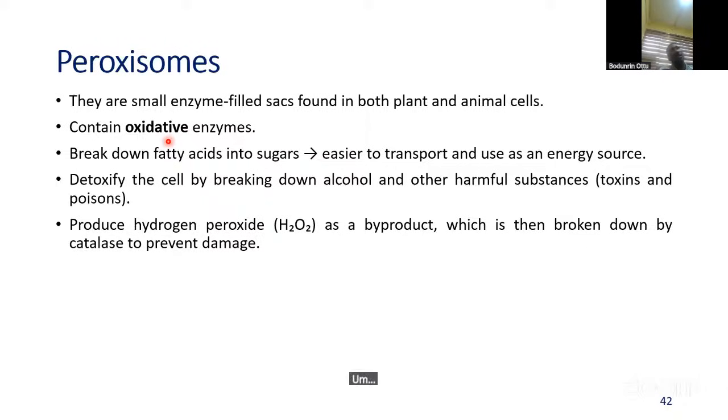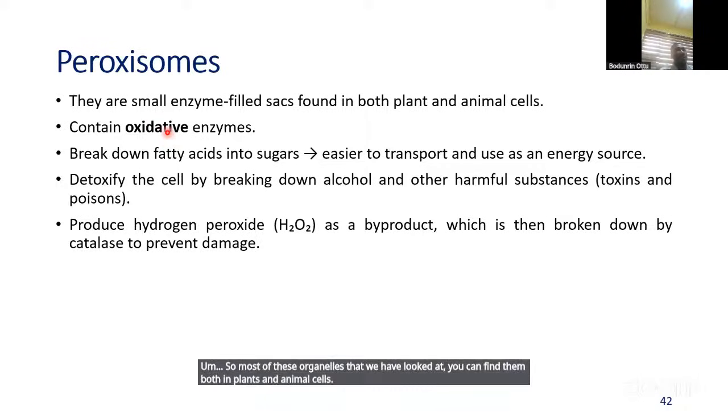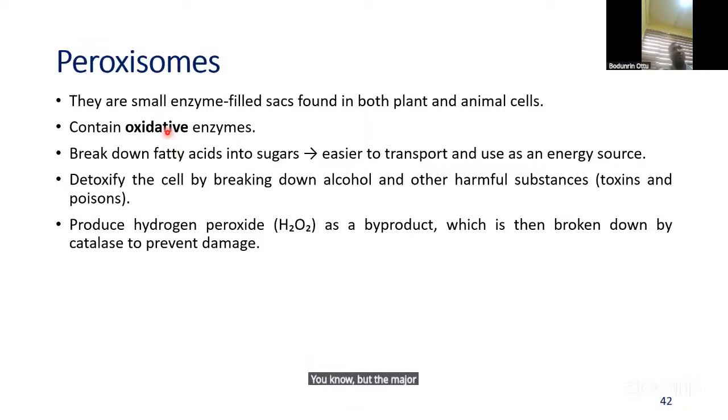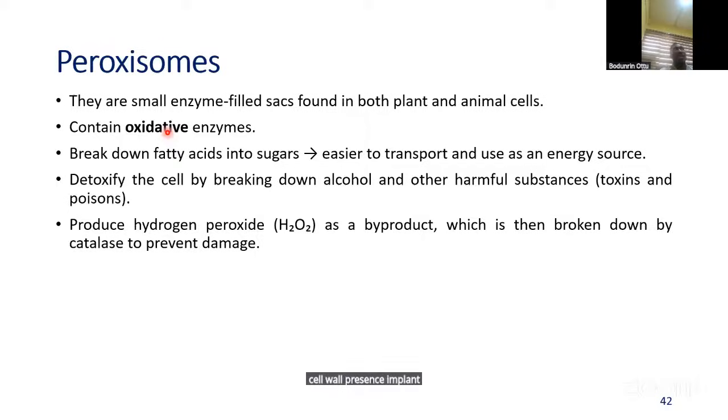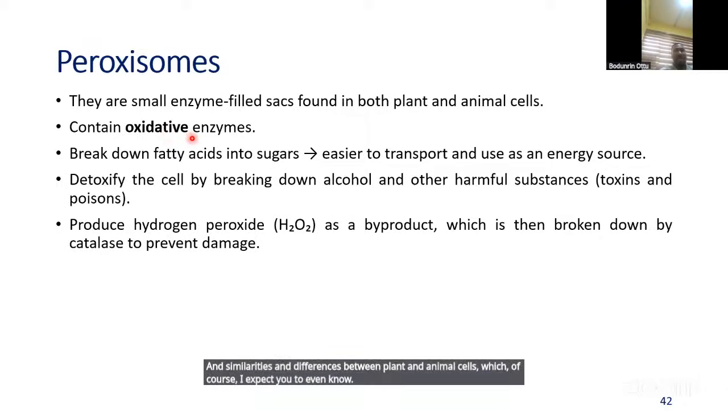Most of these organelles that we have looked at, you can find in both plant and animal cells, but the major ones I told you earlier on, like chloroplast and cell wall, are present in plants. I already told you to do a comparison of similarities and differences between plant and animal cells, which of course I expect you to know at this level.